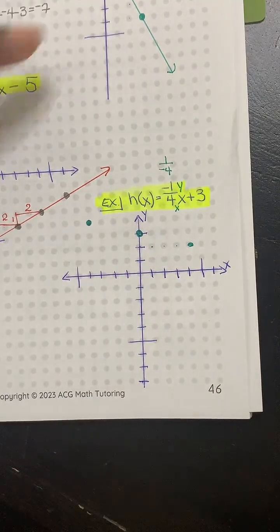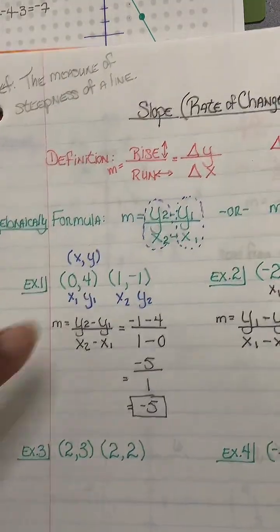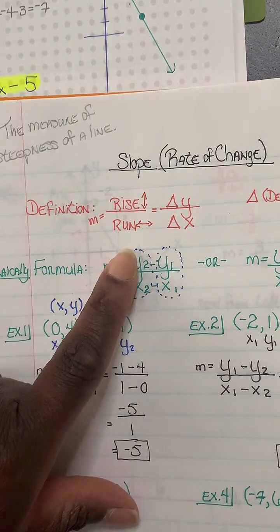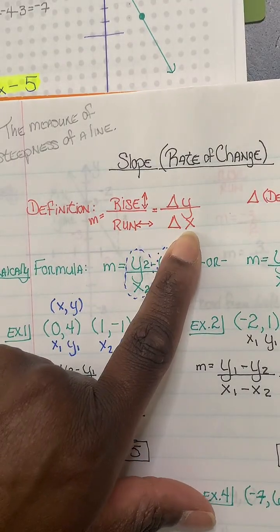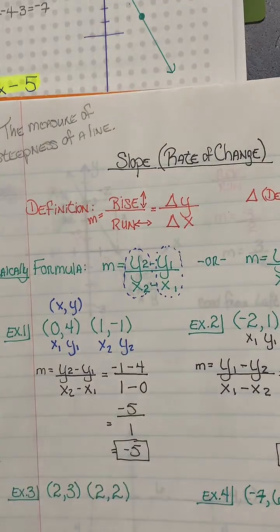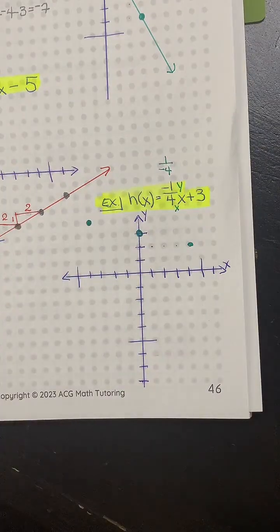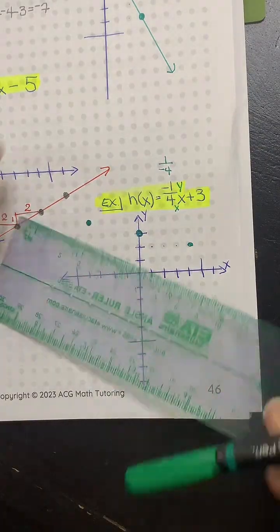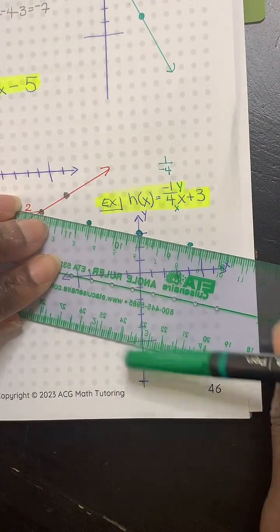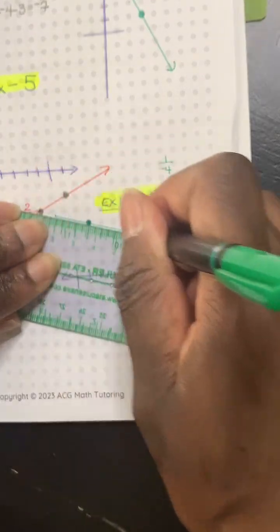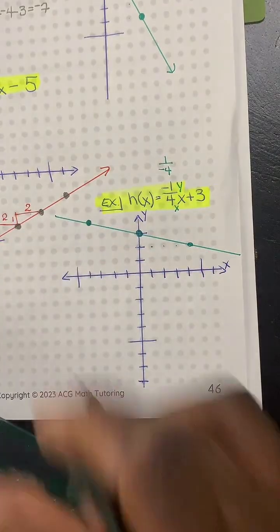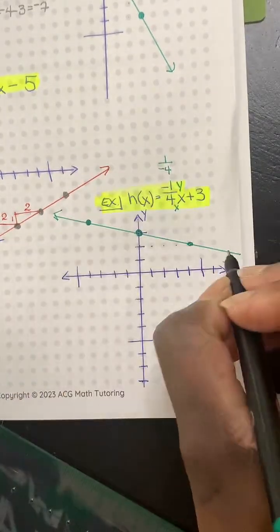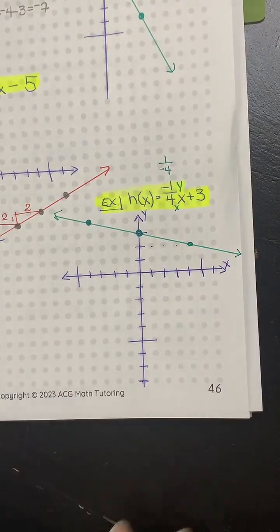So it's always the change of y's over the change of x's, rise over run. Okay, change of y's over change of x's. And then right here, boom, you got your line. Nice and neat. Okay, so rise is your y's, run is your x's.